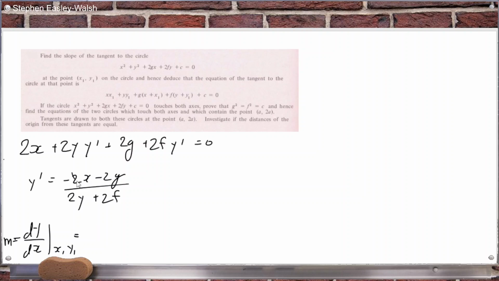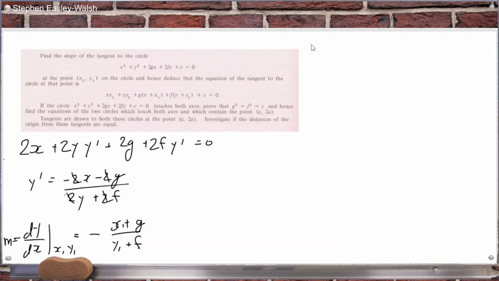So I cancel all the 2's, take the minus out actually. So that's x1 minus y1 over, no it's not, Stephen, be careful. It's x1 plus g, I took the minus out, over y1 plus f.